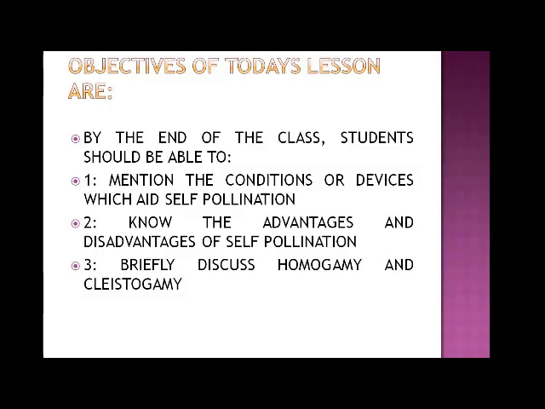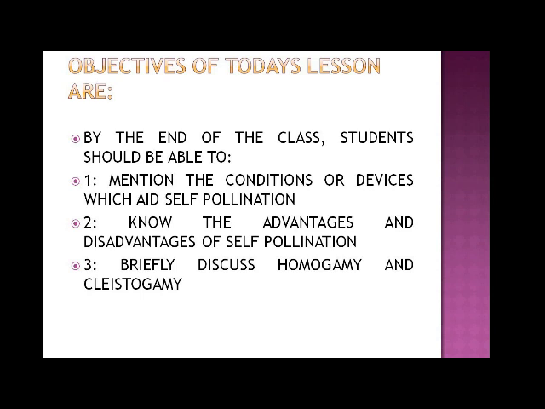The objectives of today's lesson are, God willing, by the end of today's class, our learners should be able to mention the conditions or devices which aid self-pollination.